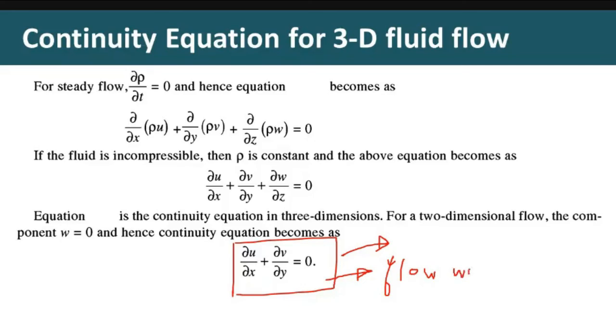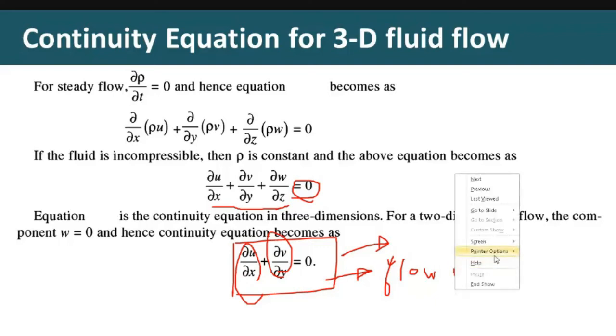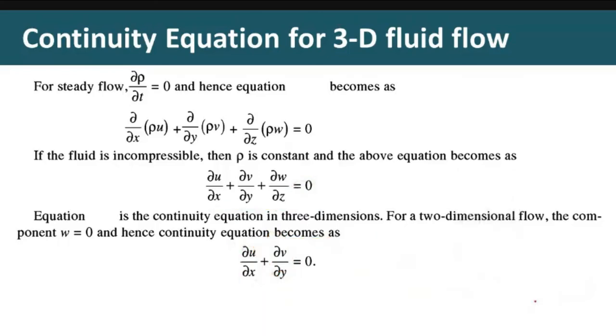In the problems we will see ahead, a mathematical equation will be given for the flow, and we have to check whether flow will exist or not. How will you check? You differentiate the u component with respect to x, the v component with respect to y, and the w component with respect to z, and add all three. And if that is equal to 0, then the flow will take place. Or it will be the condition for flow to take place. Okay, remember, the continuity equation is a very important equation.